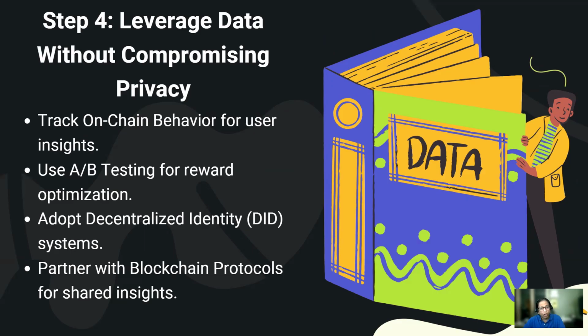Also, adopt decentralized identity systems. The main difference between Web2 and Web3 is that in Web2, if you have a login in Google, then Google owns it. If you have a login in X, then X owns your login details, the user ID, password, all that information.